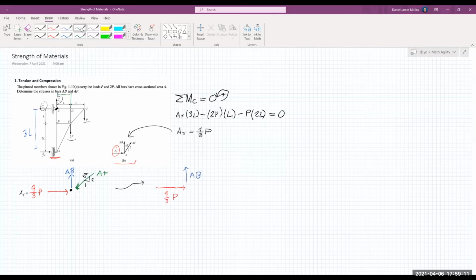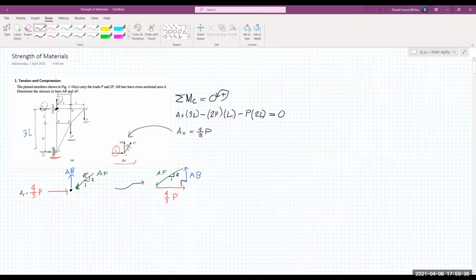Okay, and then I will relocate force AF so that it will close like this. So this is AF, and this is actually a right triangle with this inclination. Okay, so from there we can actually directly solve for AF and AB by using trigonometry.